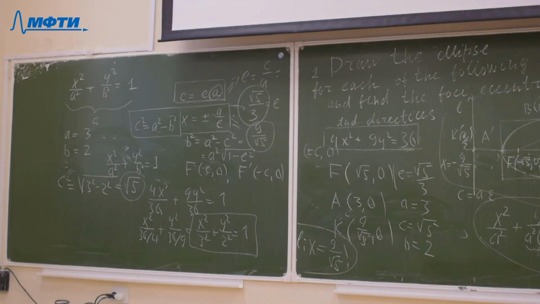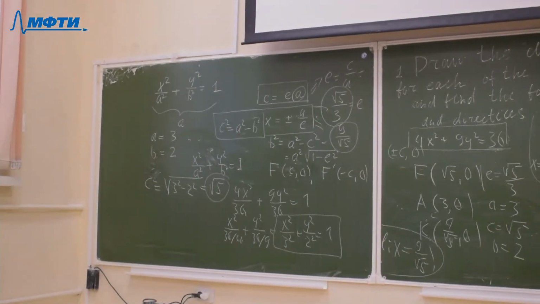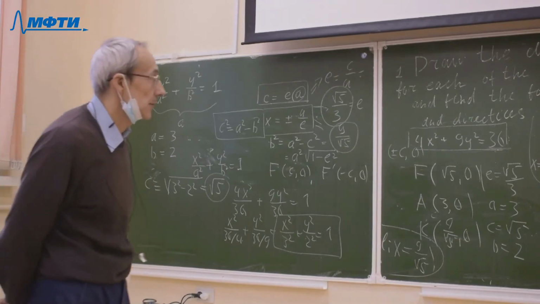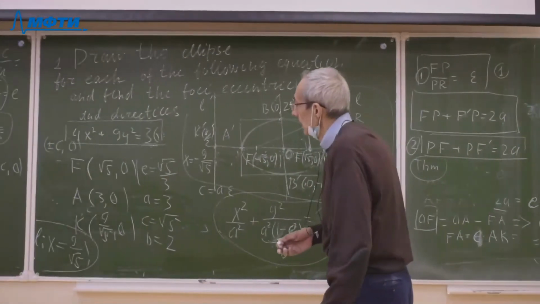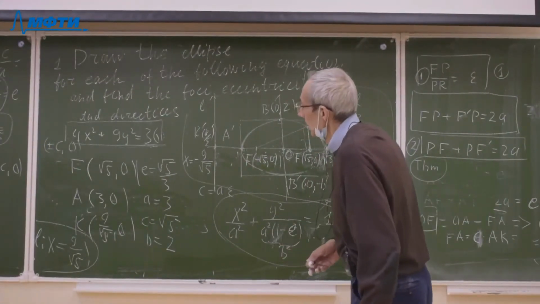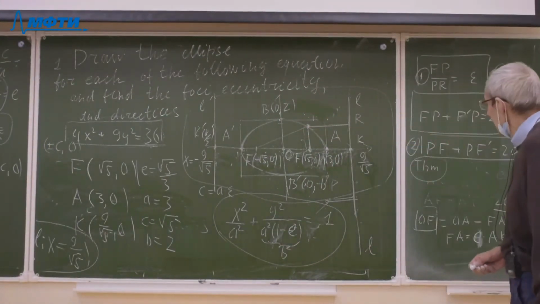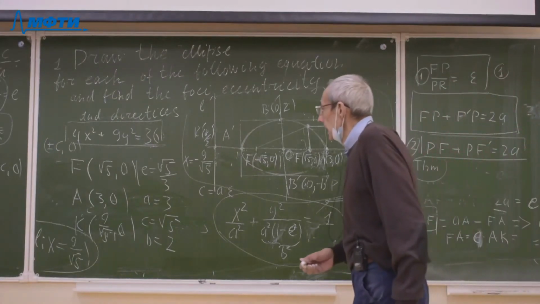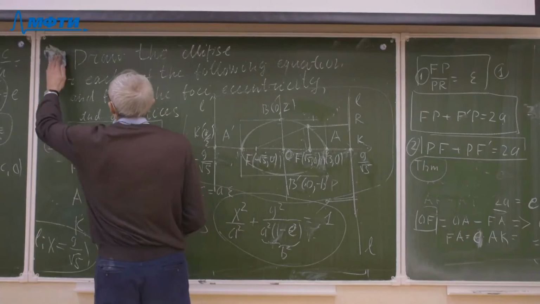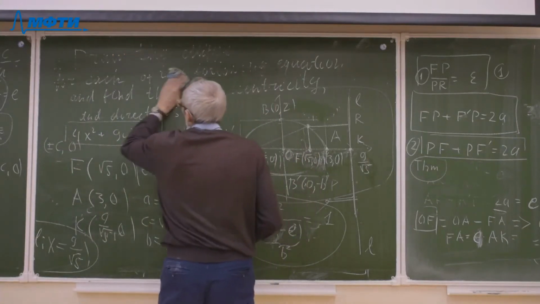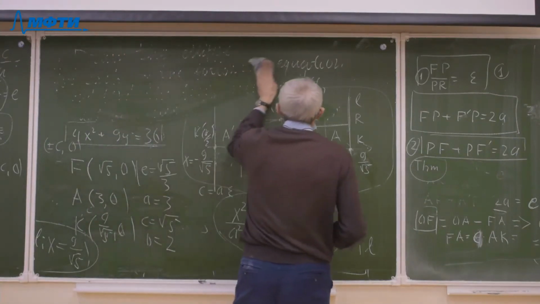Any question? Do you understand the solution of this simple task? Yes, thank you. Okay, let's continue. This problem only illustrates our previous reasoning. And we can consider a little more complex problem.